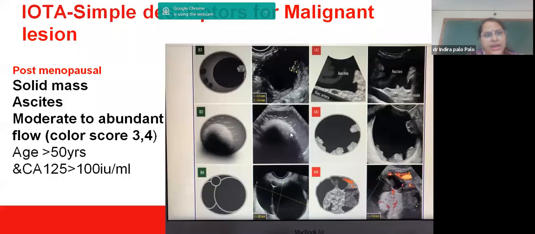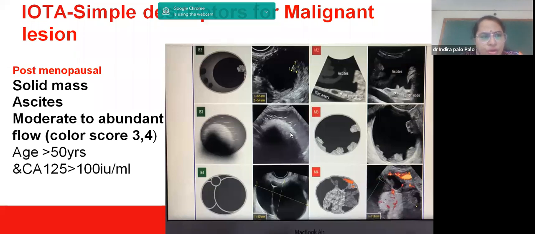What are the IOTA simple descriptors? There are two malignant parameters in the IOTA simple descriptors. In a postmenopausal woman, if there is a solid mass or ascites, and if there is a mass with moderate to abundant flow, if the age of the patient is more than 50 years and CA125 is more than 100 international units per milliliter, then these are malignant features.